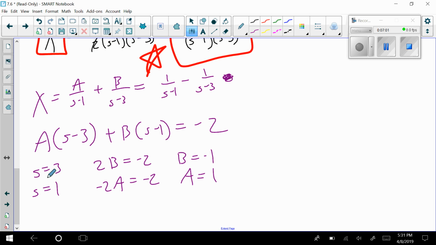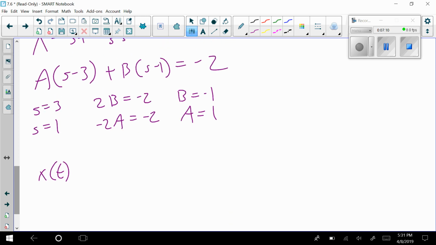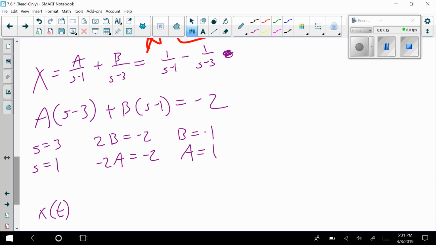This is good, right? Then I'm taking the inverse Laplace, which would create x of t equals, oh, this is a 1, so this is just e to the t minus e to the 3t, right?